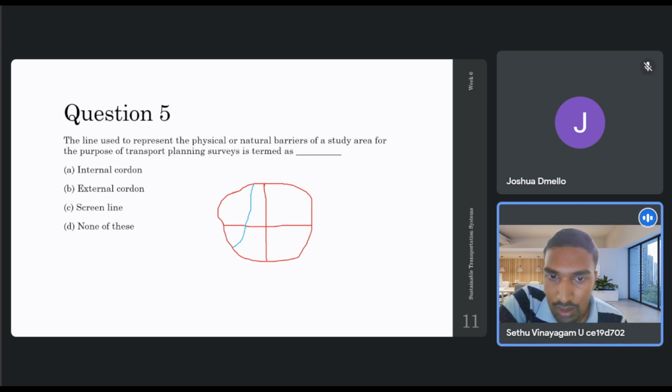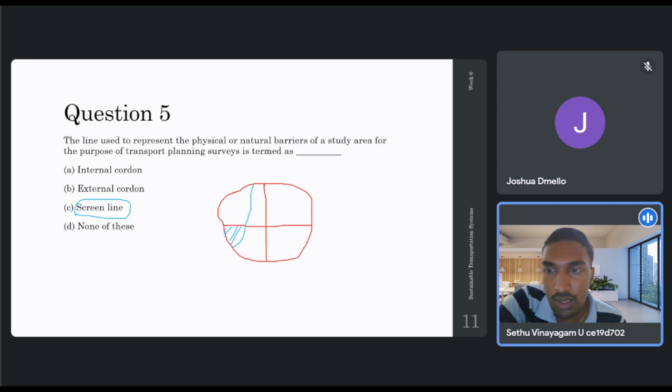So we will take this river also as one of the boundaries, and then define, for example, maybe this particular region as one of the zones, right? So we could divide the area like that. This river is a physical barrier, right? So such physical or natural barriers are called the screen lines, right?